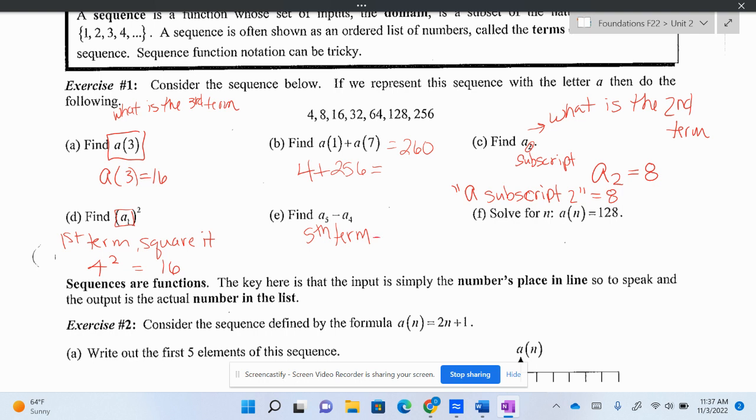What did I just write up there? The fifth term minus the what? Okay, it says find the fifth term minus the fourth term. So what is the fifth? So 64 minus what? 32. Okay, so what is 64 minus 32?